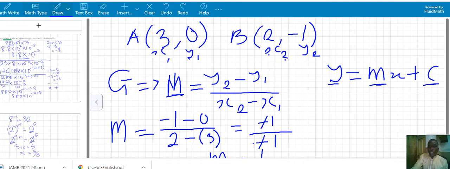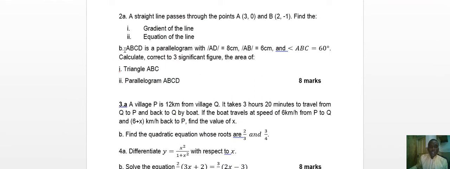Now let's look at the next question. The next question says, given ABCD is a parallelogram with AB 8 centimeter, AD 6 centimeter, and angle ABC at 60 degree.